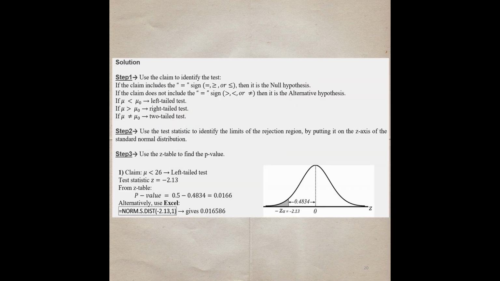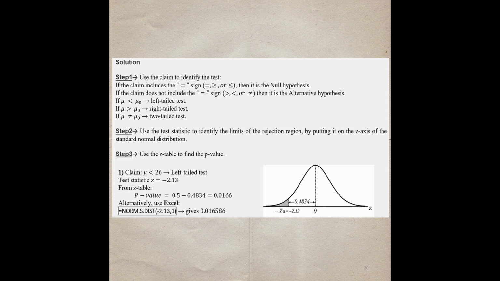The following slide shows the step-by-step procedure to solve this question. Step 1. Use the claim to identify the test. If the claim includes the equal sign, like equals, less than or equal to, or more than or equal to, then it should be put in the null hypothesis. Otherwise, the claim should be put in the alternative hypothesis. Step 2.